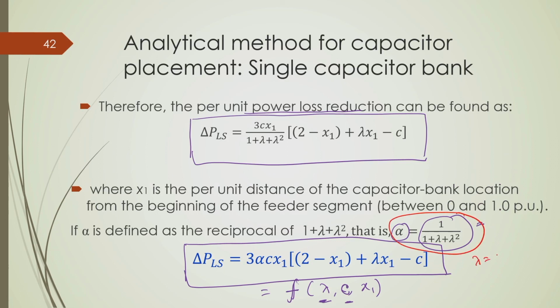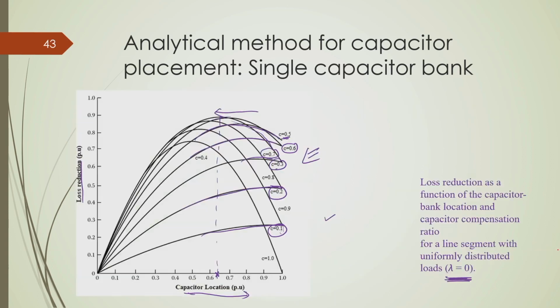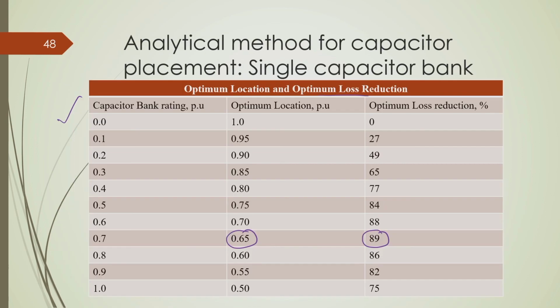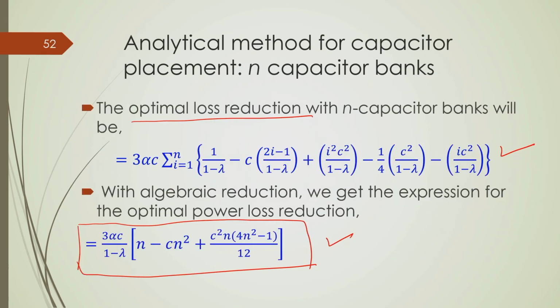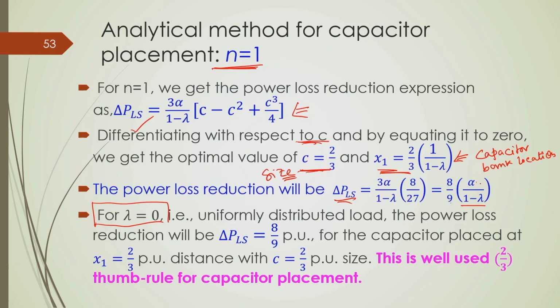So, when lambda is equal to 0, alpha will be equal to 1. Putting these two values, delta PLS will be equal to 8/9 per unit.